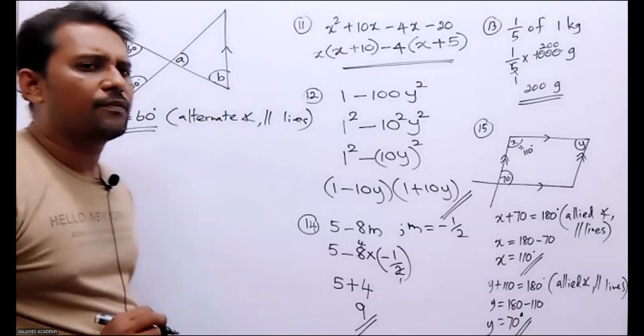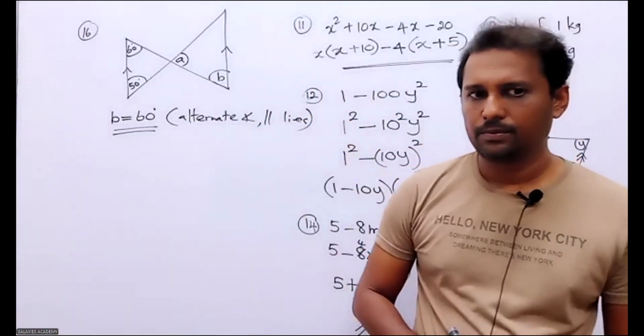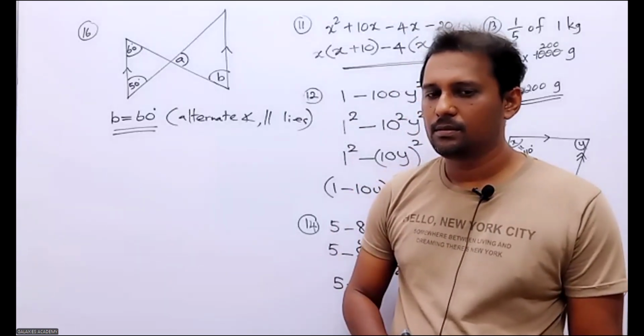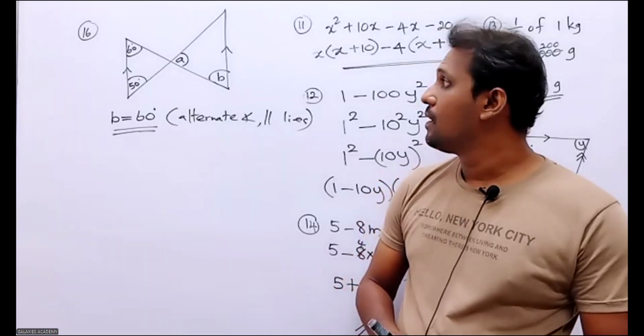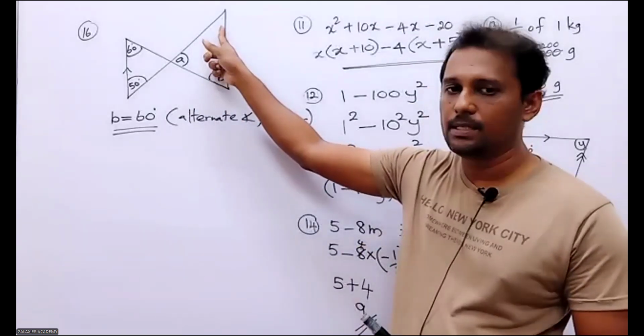Then how can you find A? What can you do? So the remaining angle in the triangle is 50. This angle. Yes.